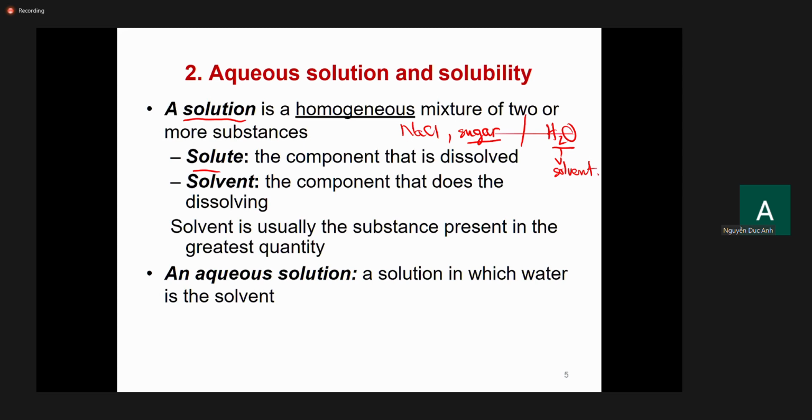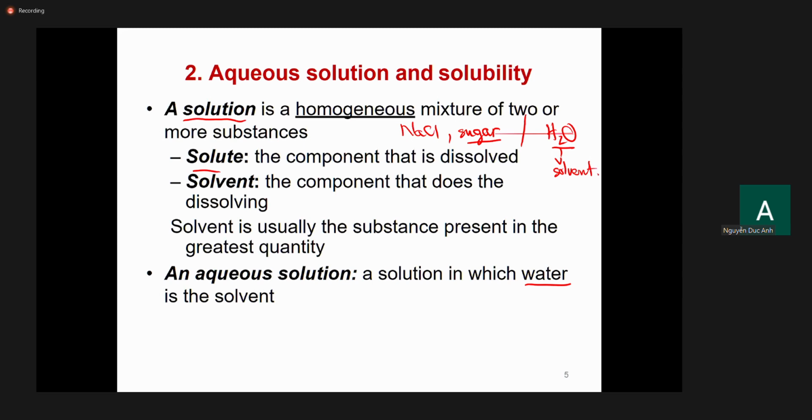So a solution can be prepared with many types of solvents. If the solvent is water, we call this an aqueous solution. But if you use other solvents like acetone, ethanol, dichloromethane, other kinds of organic solvents, you cannot call it an aqueous solution anymore.